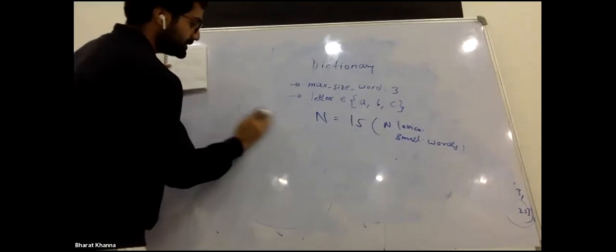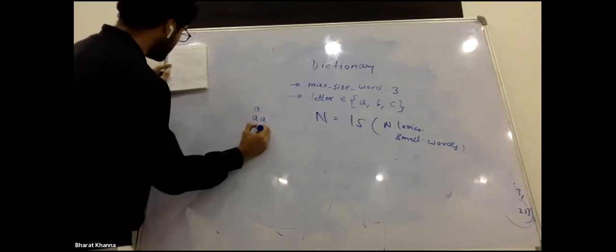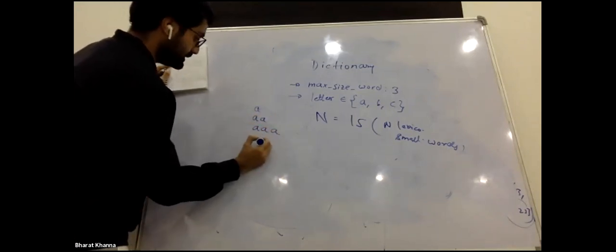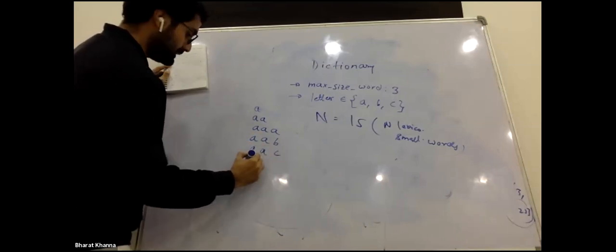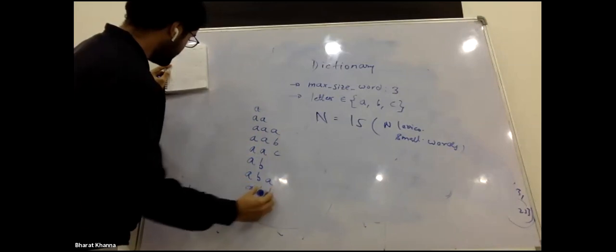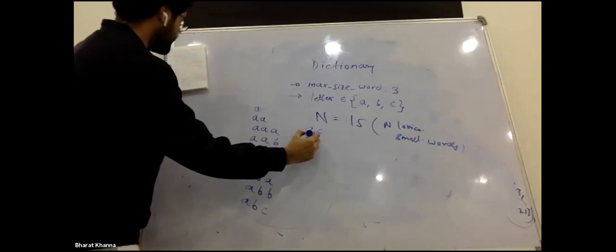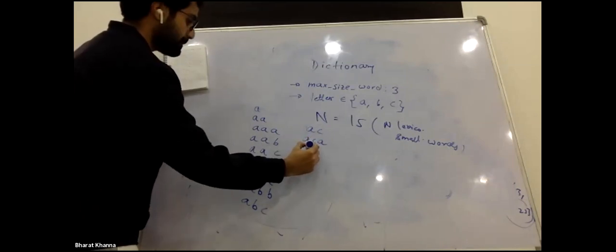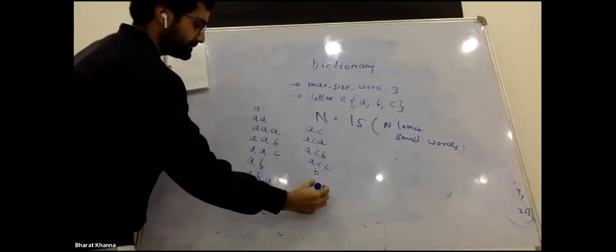So first will be A, then AA, AAA, AAB, then AAC, then AB, then ABA, ABB, ABC, AC, ACA, ACB, ACC.